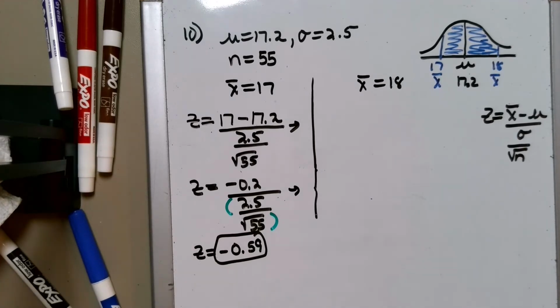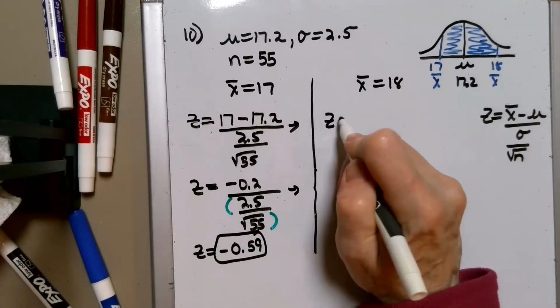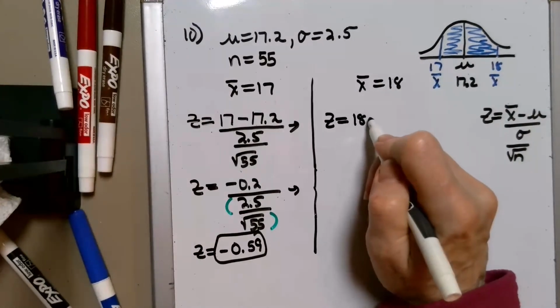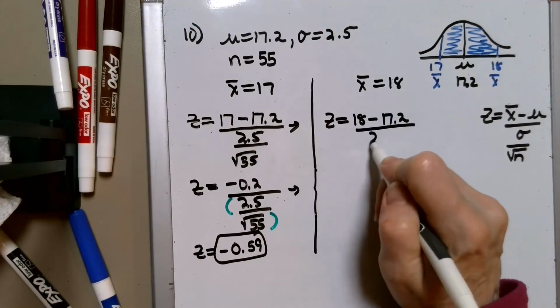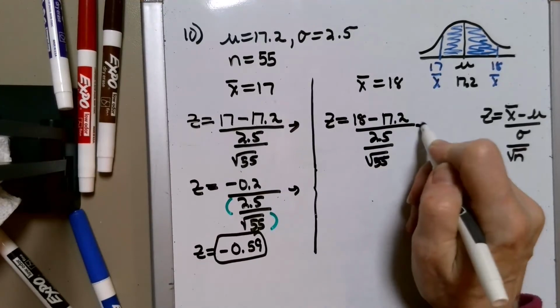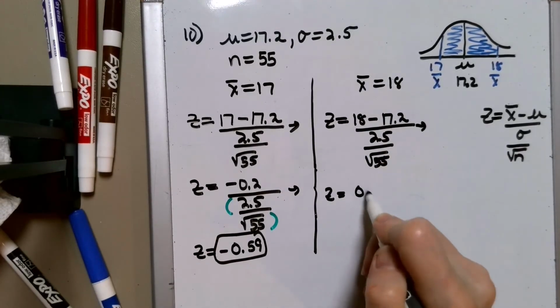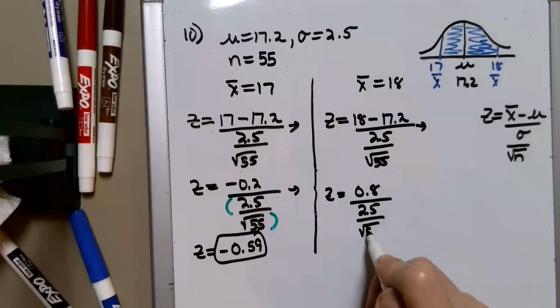So now I'm going to convert x bar into a z-score, which should be positive from the sample mean. So x bar 18 minus mu 17.2 over sigma 2.5 over the square root of the sample size 55. So this is going to give me 0.8 over 2.5 over the square root of 55.